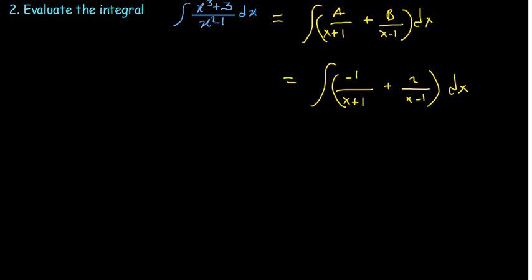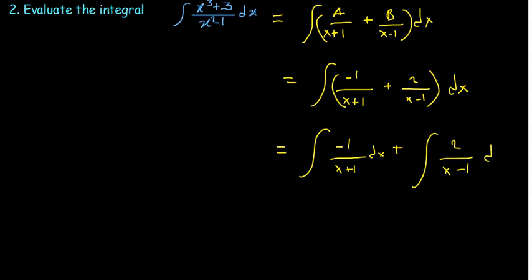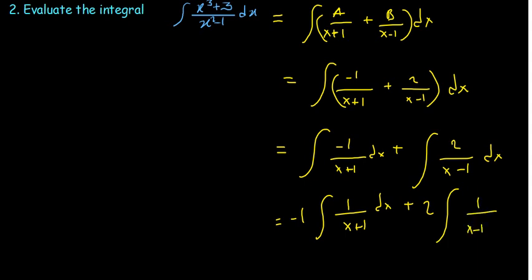Okay, now at this point I can split this, so I've got the integral of negative 1 over x plus 1 dx, and then plus the integral of 2 over x minus 1 dx. I can remove the constant negative 1 outside, so the integral will remain with 1 over x plus 1 dx, and then plus, we're going to remove also 2, going to have the integral of 1 over x minus 1 dx.